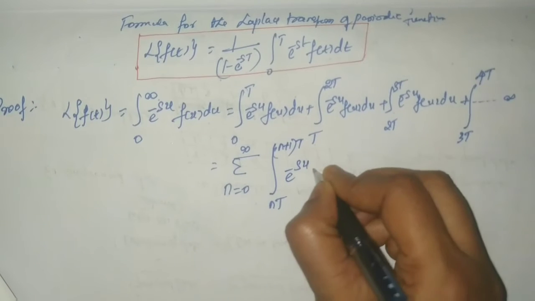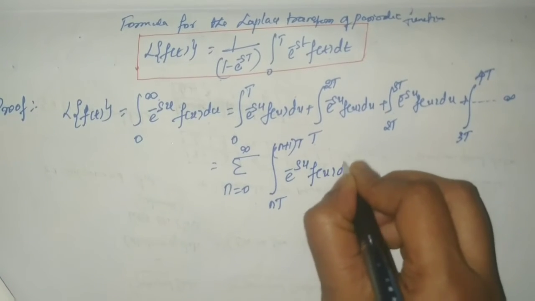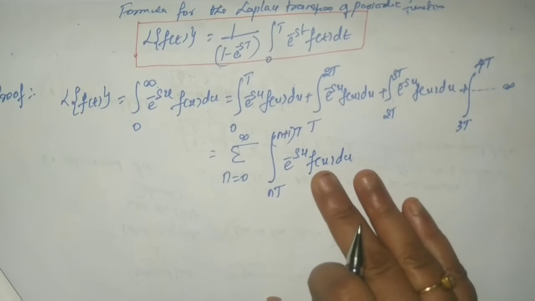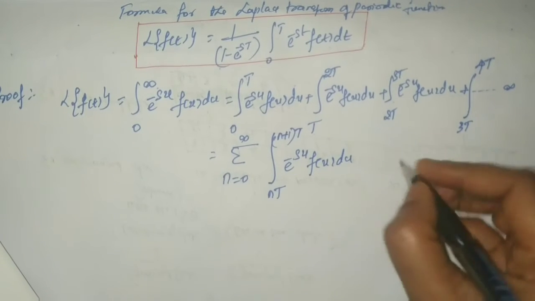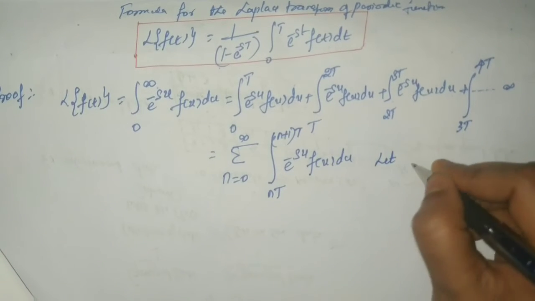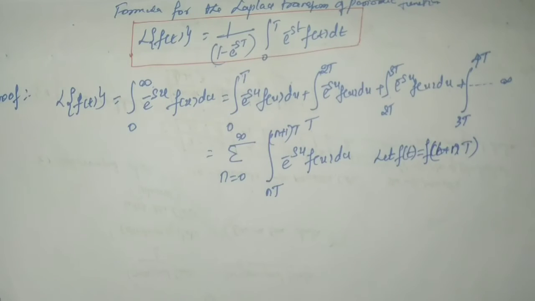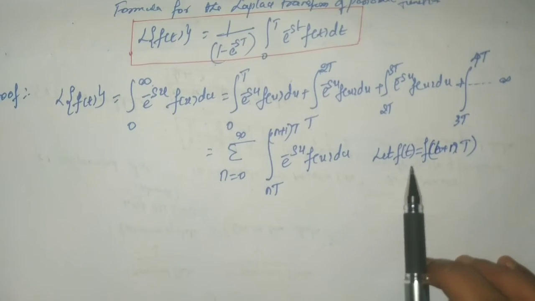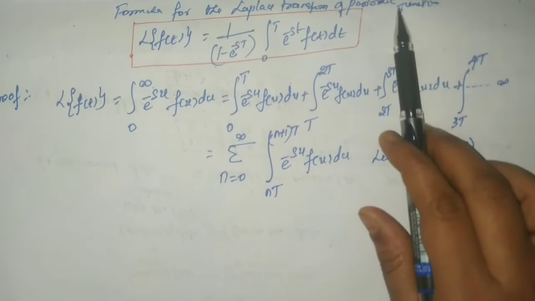e power minus s u, f of u into du. Okay. For our simplification, we are using the definition of periodic function.